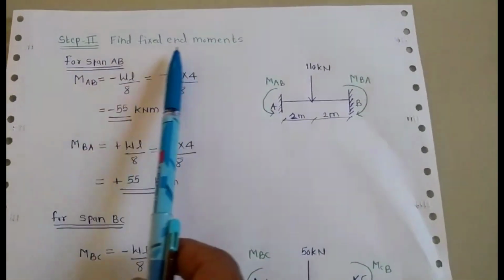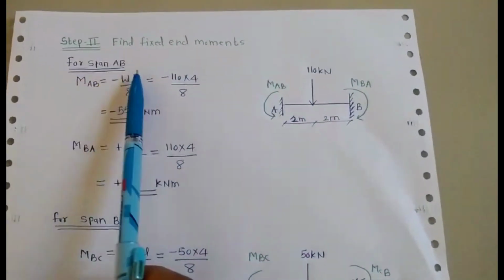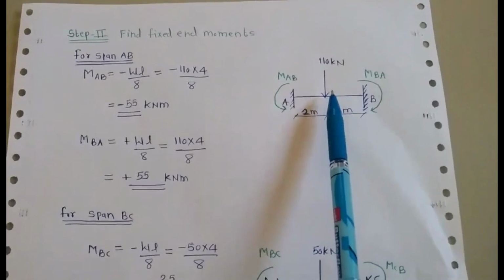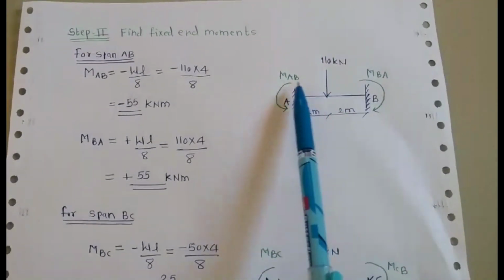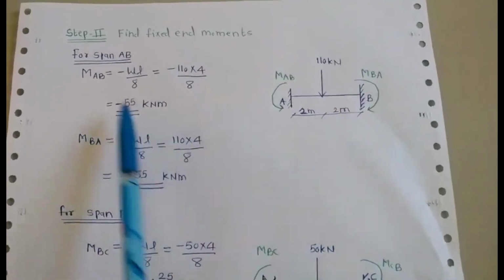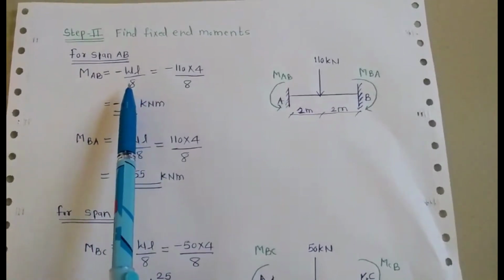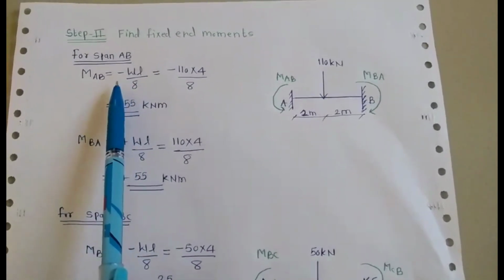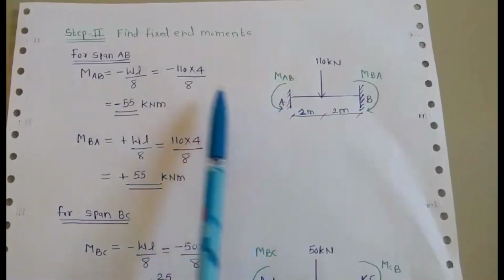Now step number 2 is find fixed end moments. For span AB, the concentrated load of 110 kN is acting at center. We have to find out MAB and MBA. So MAB, if the concentrated load is acting, the formula is WL upon 8. Negative sign because of the anticlockwise movement.